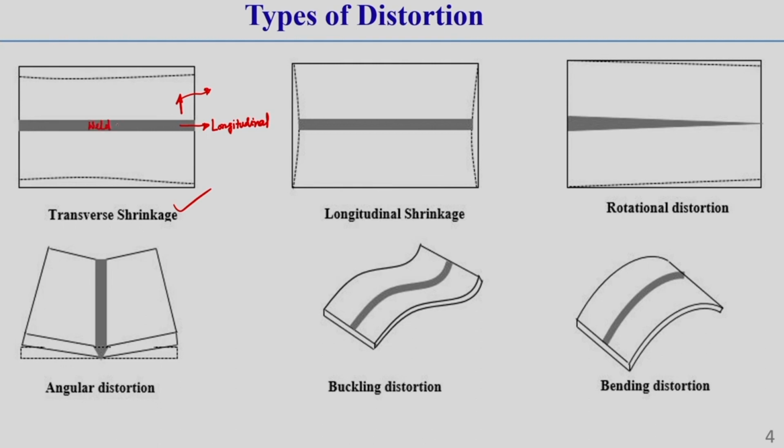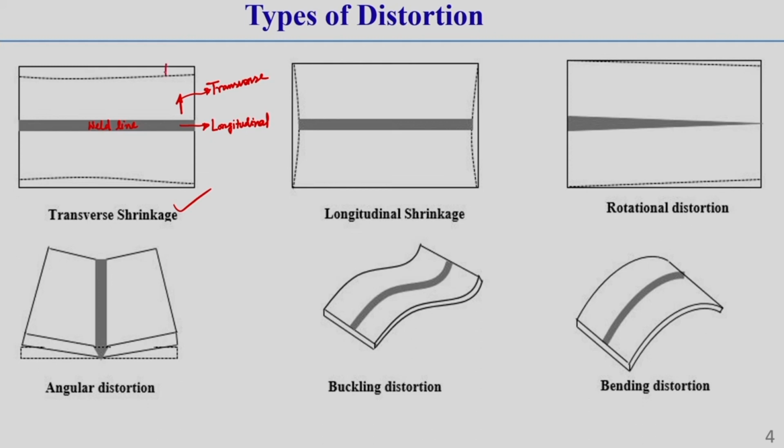Now you see the distortion which occurs perpendicular to the weld line direction. Initially the plate shape was this, the original shape of the structure.